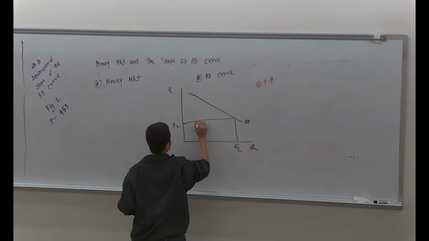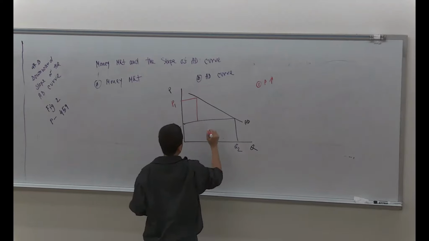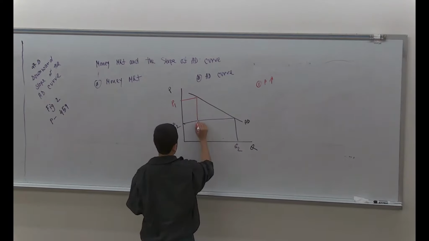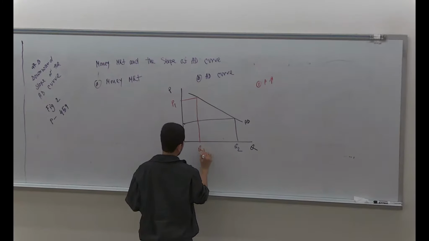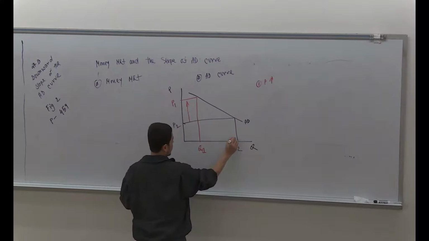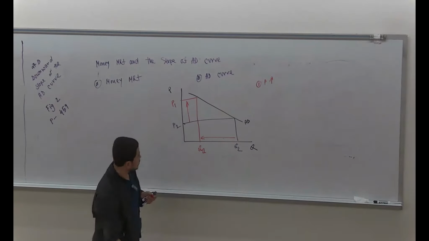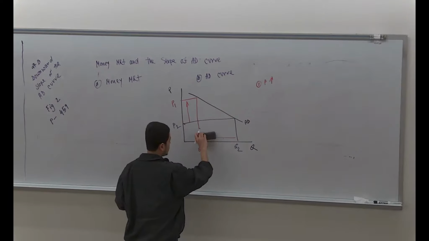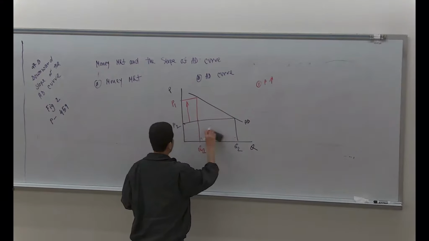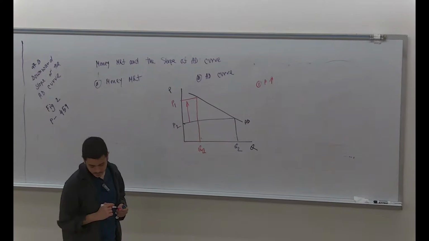When the price level increases from P2 to P1, quantity demanded falls. That is going to be the final stage. Let's start with the first one: price level increase. This is the first effect.